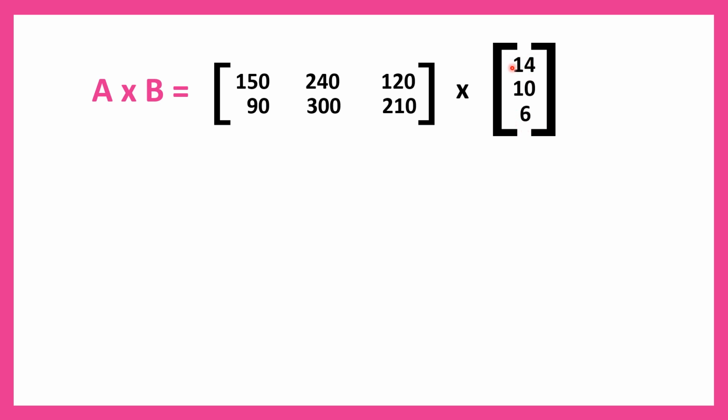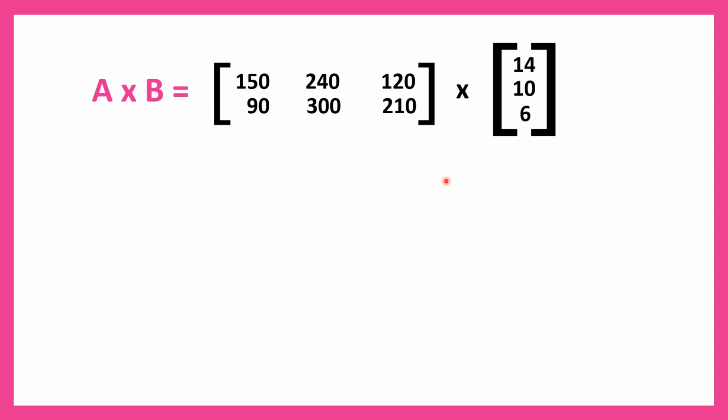So we have to multiply the large sized toothpaste with its cost, the medium sized toothpaste with its cost, and the small sized toothpaste with its cost, that is 6. And that is how we do the matrix multiplication.